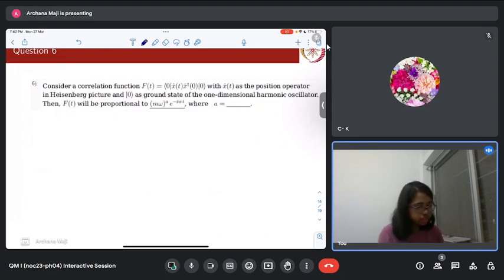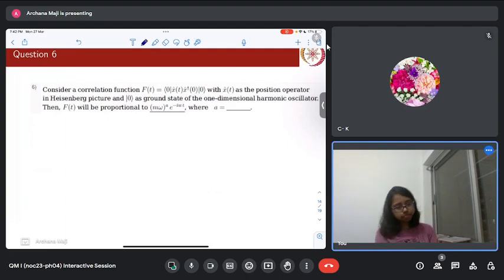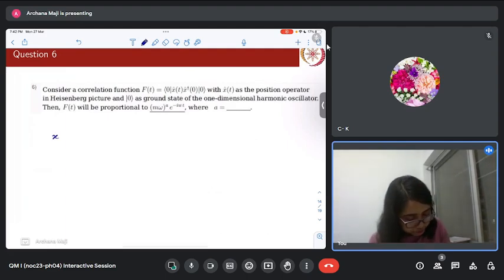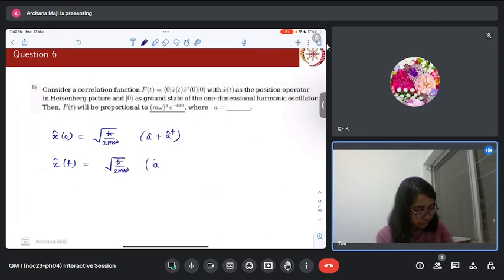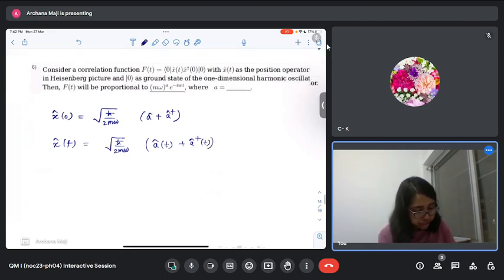x of 0 is square root of h cross over 2 m omega times (a plus a dagger), and x of t is nothing but time dependent creation and annihilation operators, those a of t and a dagger of t were determined in the lecture. So you may go back, and if there is any doubt you can ask me later.